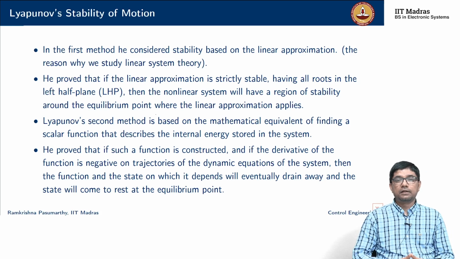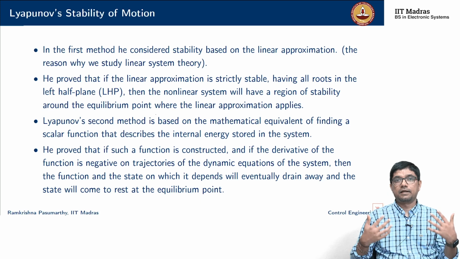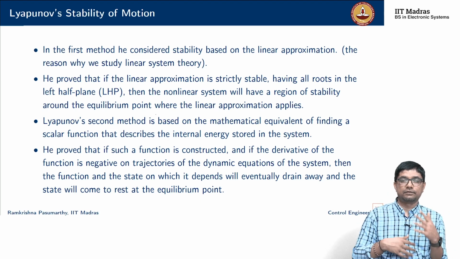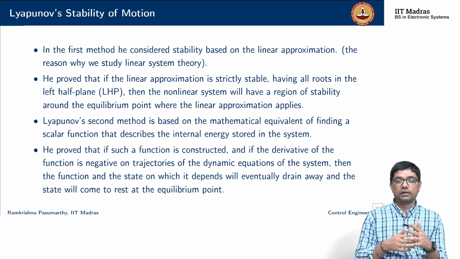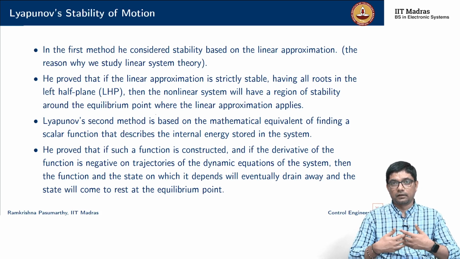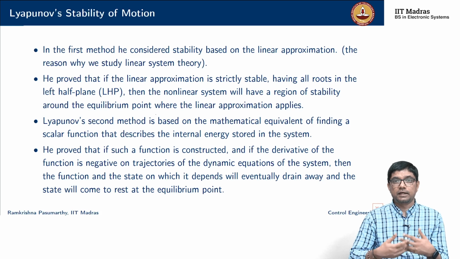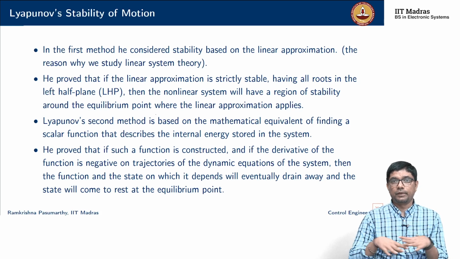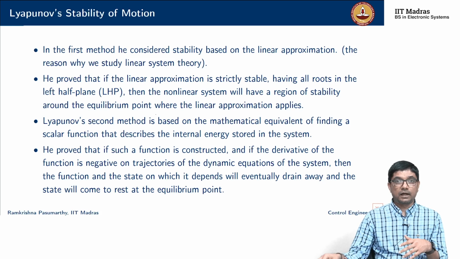In the first method, the stability was based on the linear approximation. As I said in one of the earlier lectures, when we were talking of models and how observations build models, you challenge those observations and go on to build more general models. If I just look locally around me, standing on a football field or a cricket field, I would say that the earth is flat.